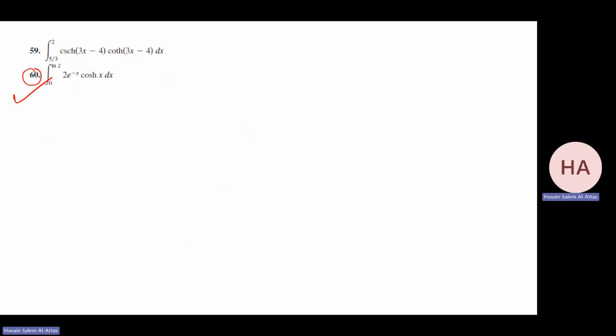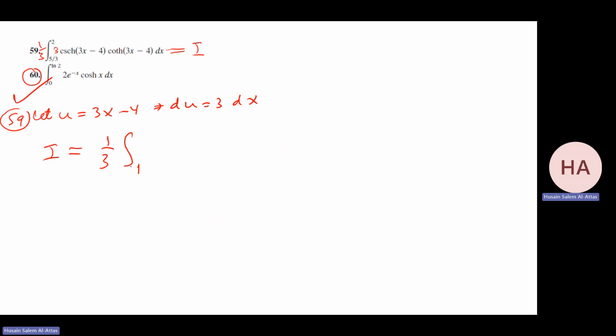59. Very clear. I let u be 3x minus 4. du will be 3 dx. So I need 3 and 1 over 3 outside. So call it I, this is 59. I would be 1 over 3 integral of, 5 over 3 gives me 1, since 5 minus 4 is 1, and 6 minus 4 is 2.